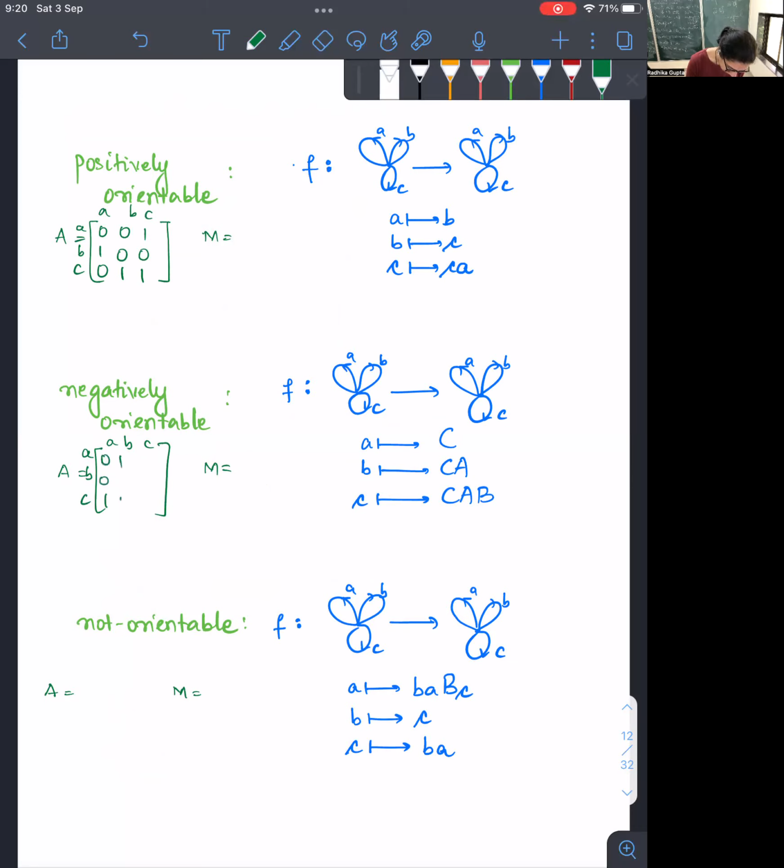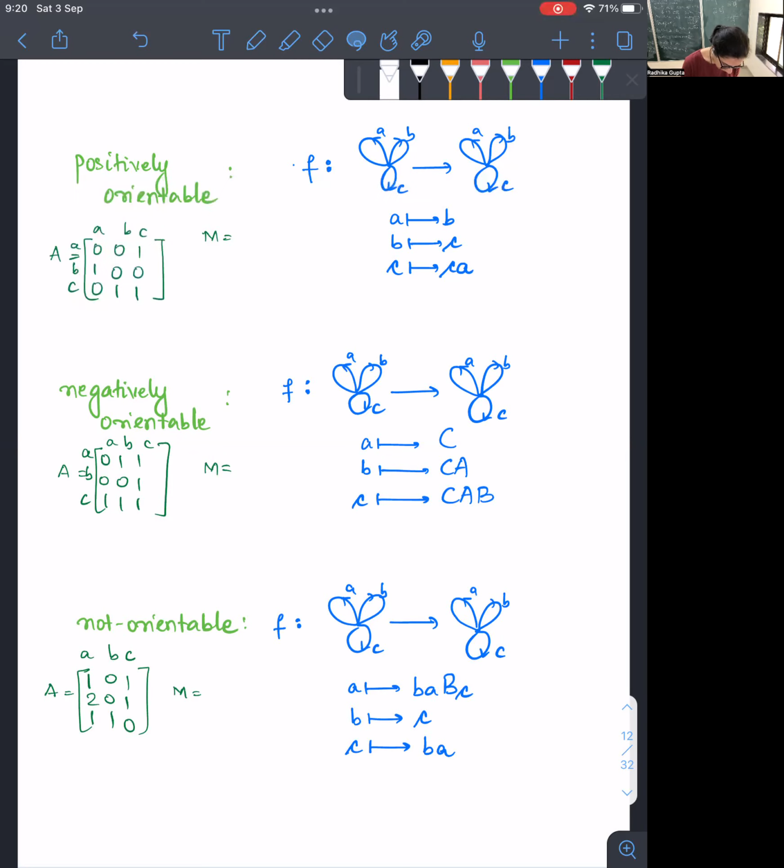B crosses CA and C crosses CAB. And over here, A crosses A once, it crosses B twice because I don't care about which orientation. And it crosses C once, B crosses C once, and C crosses this. So these are the transition matrices associated to these graph maps.